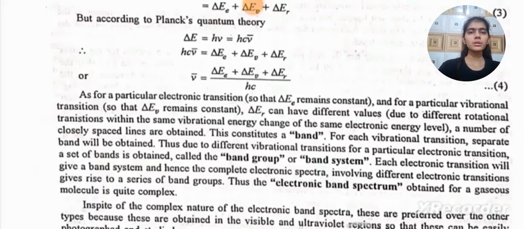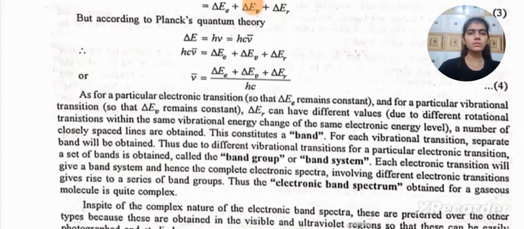For a particular electronic transition, delta E_e remains constant, and for a particular vibrational transition, delta E_v remains constant, and change in rotational energy can have different values due to different rotational transitions within the same vibrational energy change of the same electronic energy level.